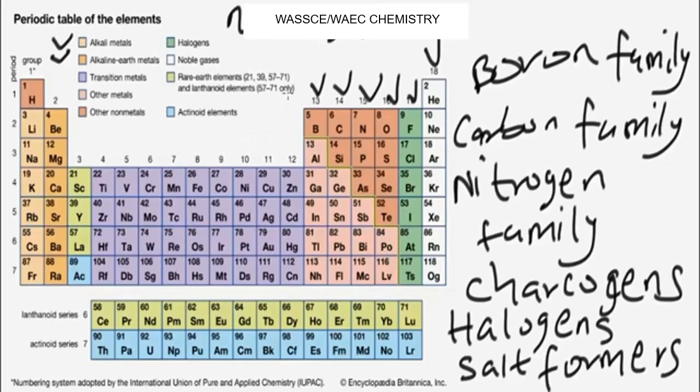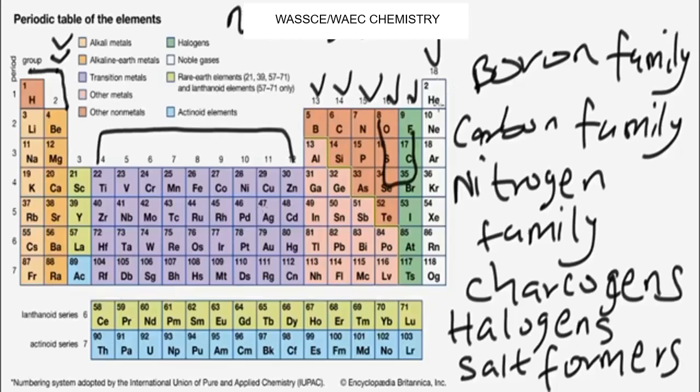Having known this basic information about the periodic table, the next thing you have to note is that in this periodic table, elements in group 1 and group 2 are mostly metals, including these transition metals in this color, whereas elements in group 6 and group 7 are mostly non-metals.